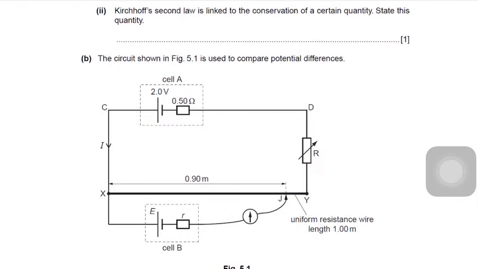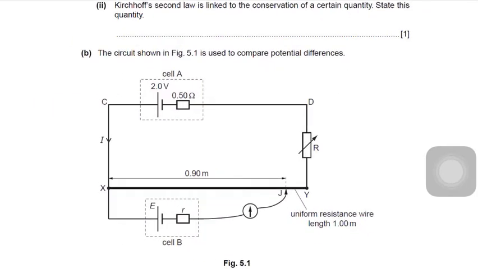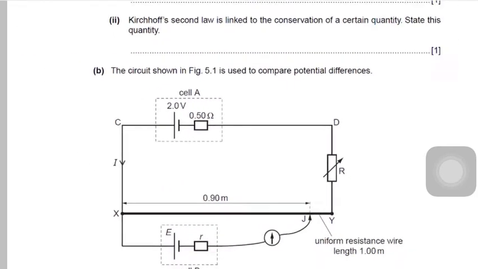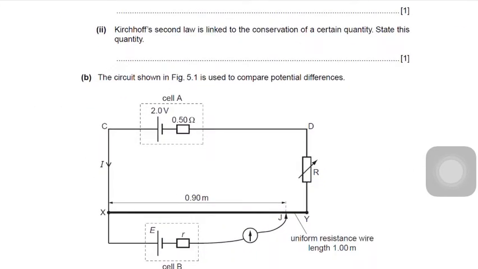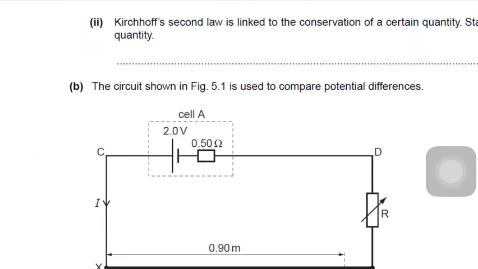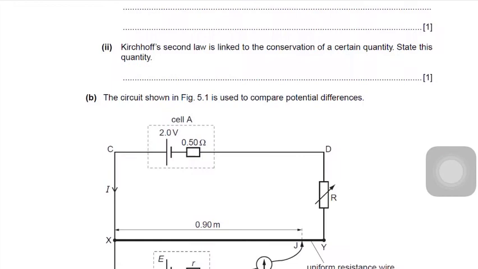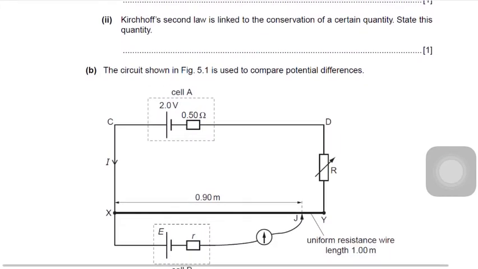So basically the potential drops through the circuit in that loop CXYDC is the potential drop in the wire, potential drop in the 2.5 ohm resistor, and the potential drop in the 0.5 ohm internal resistor. And from Ohm's law, V is equal to IR, the potential drops will be the current times the resistance value.